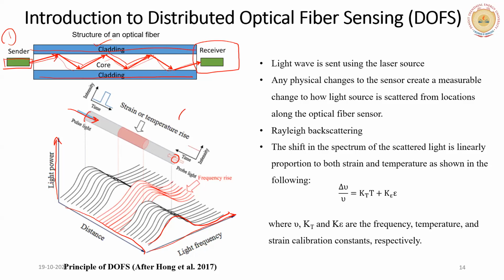But let us consider case number 2, in which there is some load on that region. Okay, because of which, if this is your optical fiber, there is some load on it, and there will be a minute change in the dimension of this optical fiber.